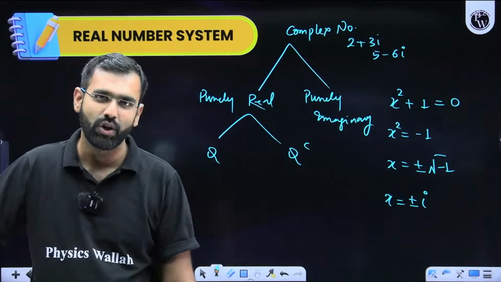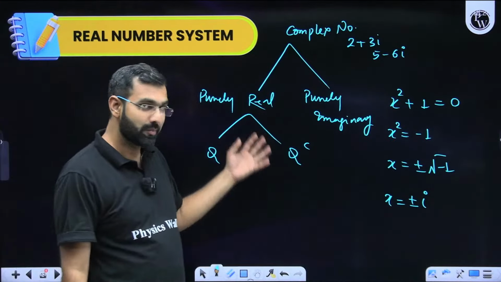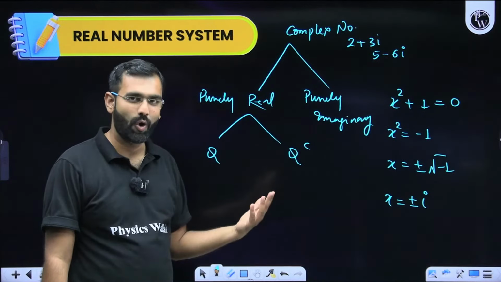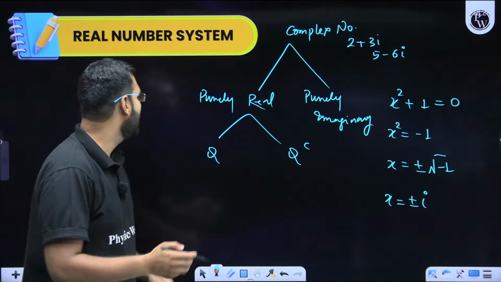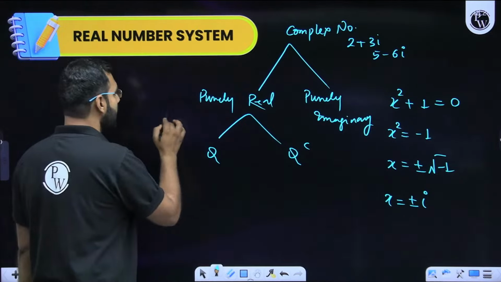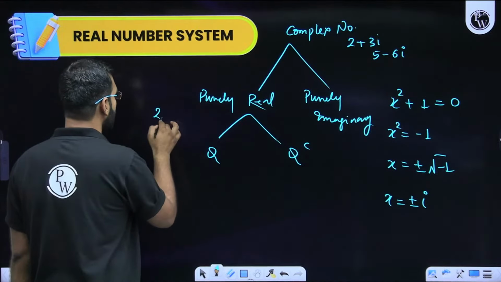Everybody getting that? So remember, all the real numbers are complex numbers. Because if there is a real number 2, can I not write 2 as 2 plus 0 iota? So it is a complex number. Are you all getting it? Everybody with me on this? I hope the number system is more understood by you now.